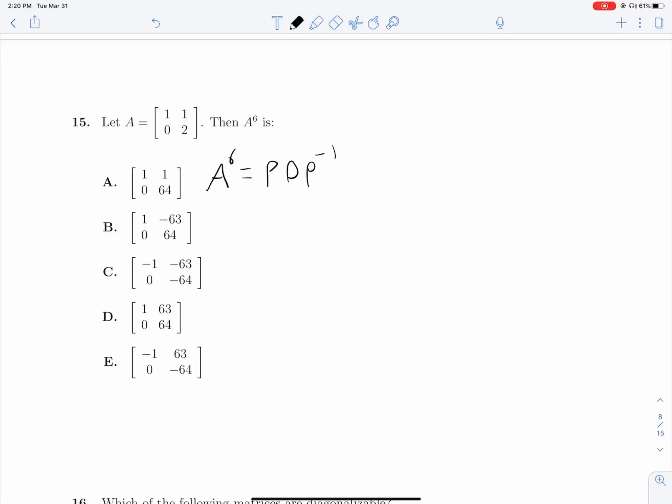This is D to the 6th, and this is really a general case that A to the K is P D to the K P inverse. But in this case, we're solving for this one.